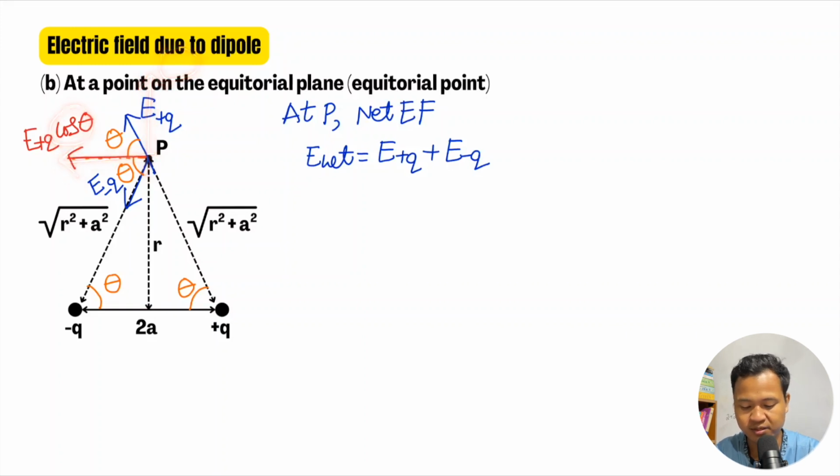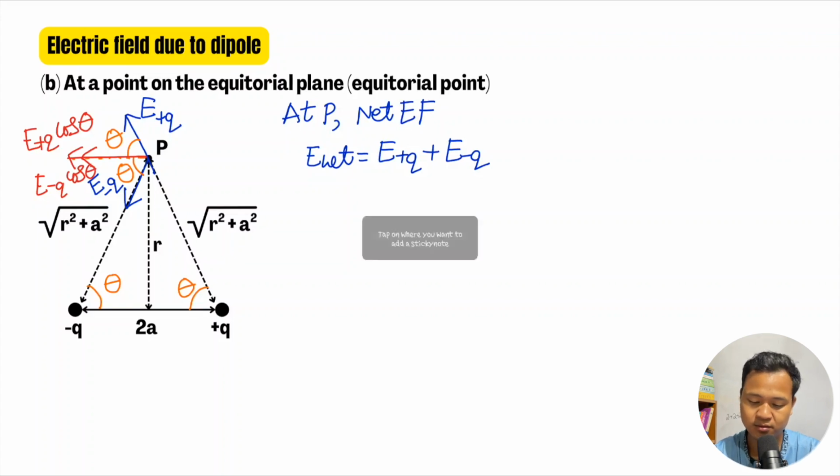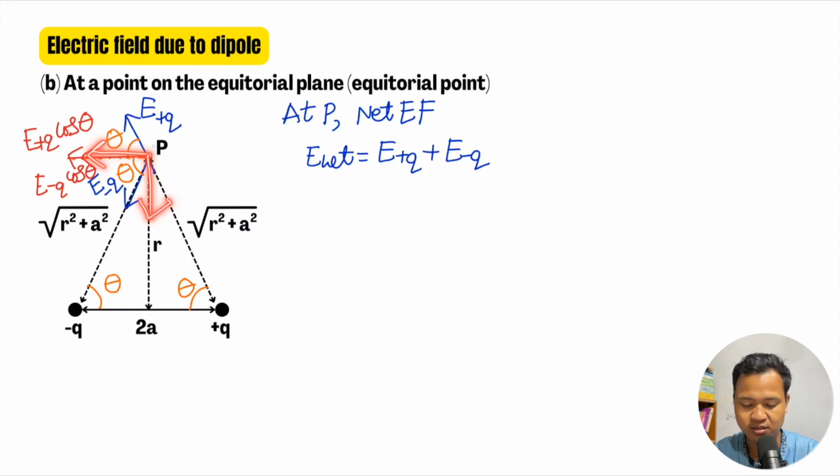Similarly, E due to minus Q gives E minus Q cos theta. If you look at this component and this component, the sin components will cancel out. The remaining ones are both in the same line, so now I can simply add them.